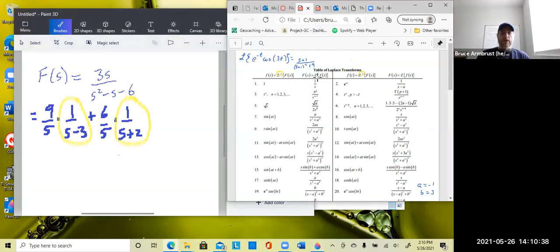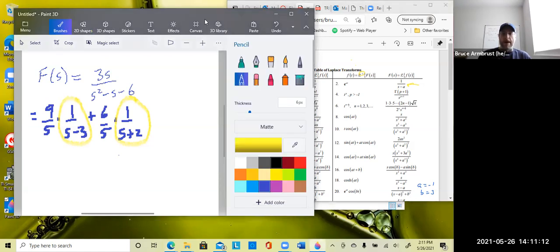So let's come back over to our Laplace transform table and see which functions actually gave us 1 over s minus 3 and 1 over s plus 2. So if we come back over here and look, sure looks like this is the guy that we want, right? 1 over s minus 3, that's totally 1 over s minus a. 1 over s plus 2, that's the same thing, it's just our a is a negative.